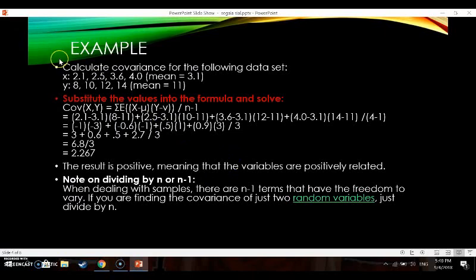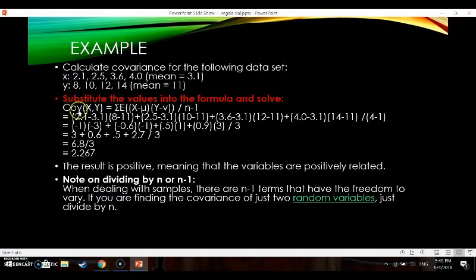So we have one example here. The example is to calculate covariance for the following data set. The values of x given are 2.1, 2.5, 3.6 and 4.0. So the mean for x is 3.1, and for y the values are 8, 10, 12 and 14. So the mean for y is 11.